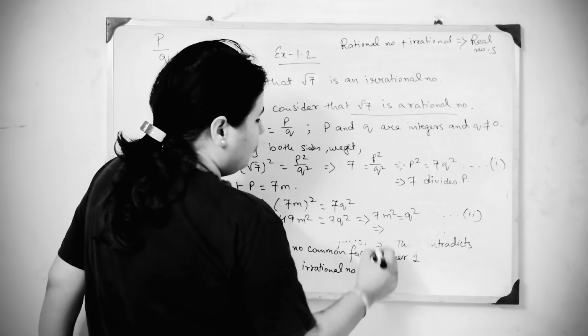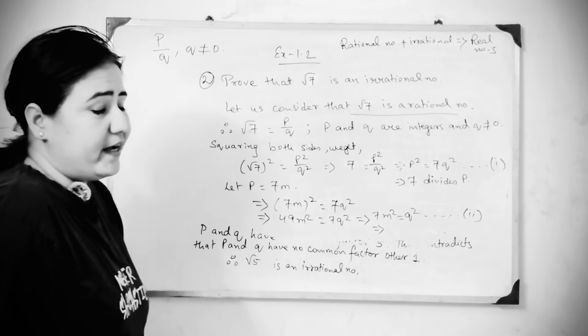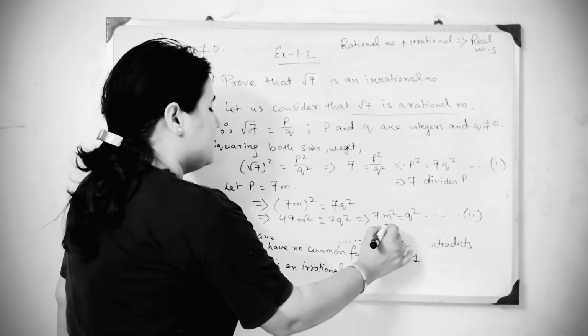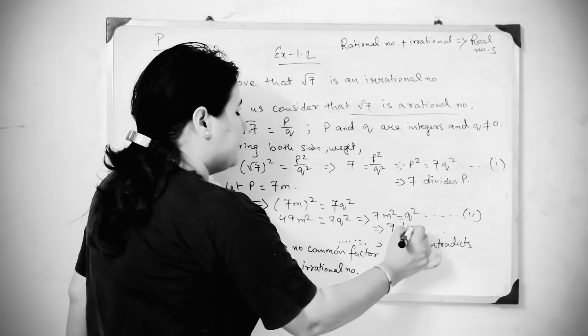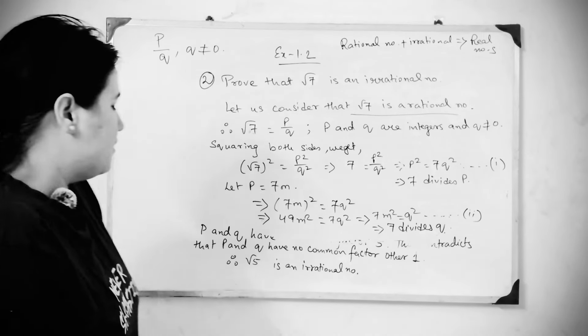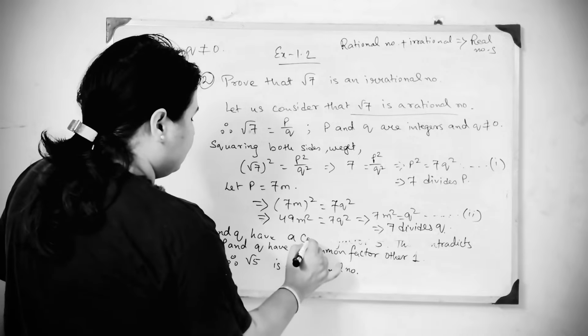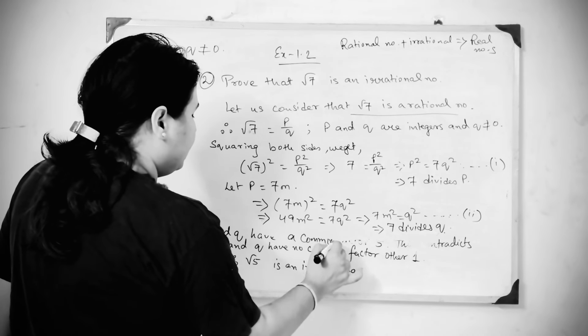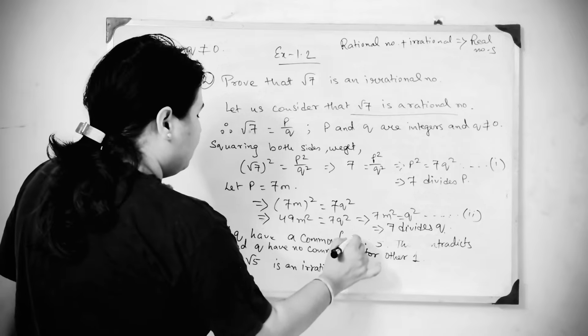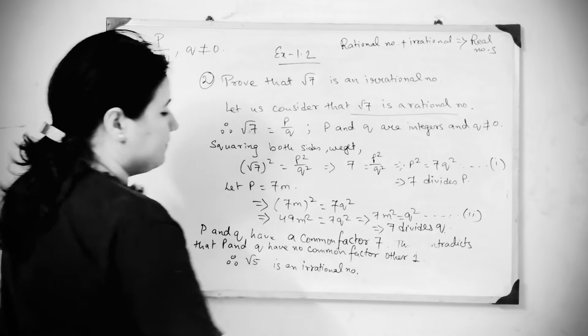Let this be equation 2. From here we can conclude that 7 divides q. So p and q have a common factor, that is 7.